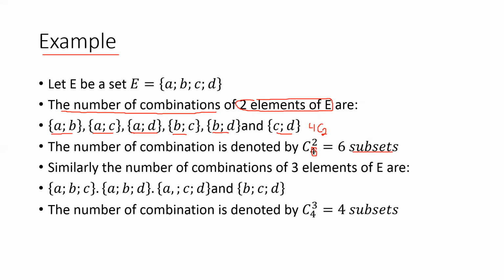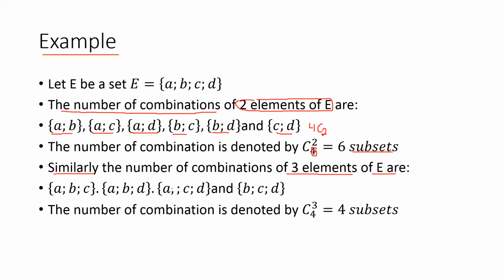You can find it on the calculator, George, right? 4 choose 2. Yes, sir. Okay. Now, similarly, the number of combinations of 3 elements of E. If I need to list the combinations of 3 elements, I can list ABC, ABD, ACD, BCD.